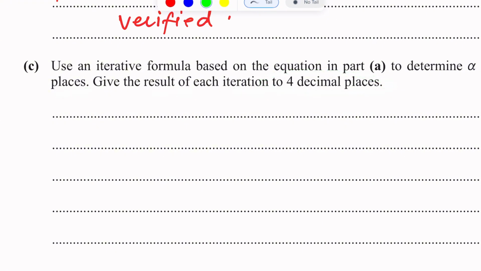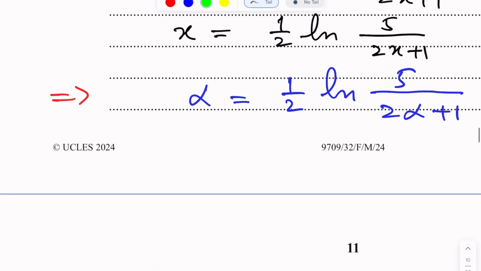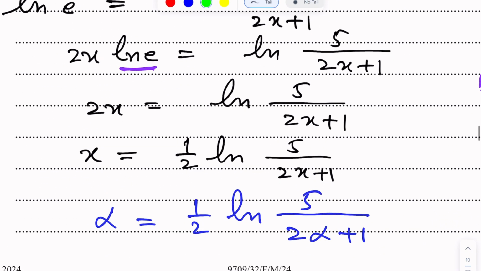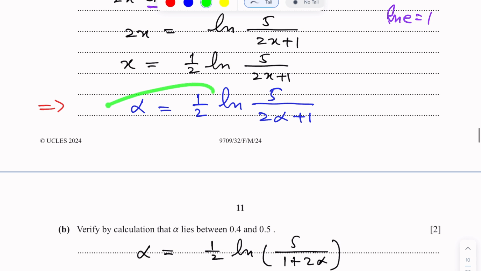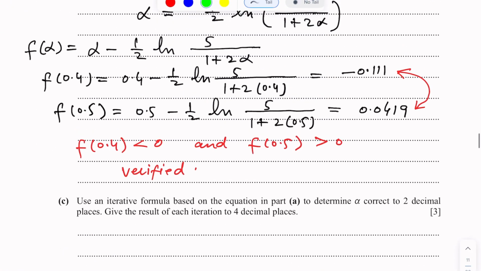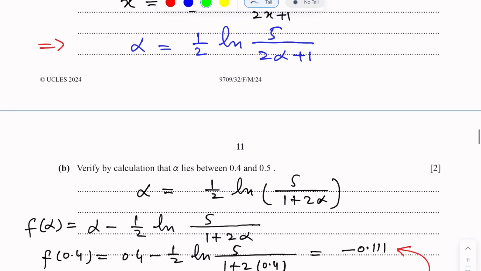First of all, the iterative formula based on the equation in part A. This is part A. From here, we can make the iterative formula. On the left hand side, which is alpha, we will write n plus 1. On the right hand side, we will write alpha n.